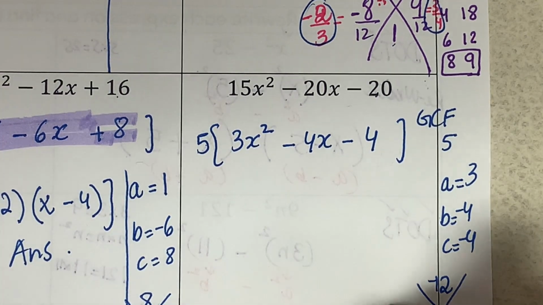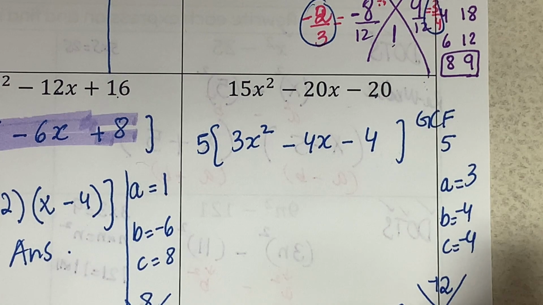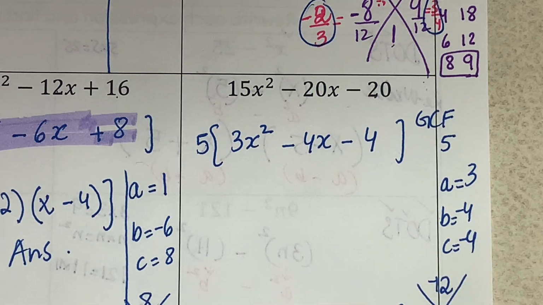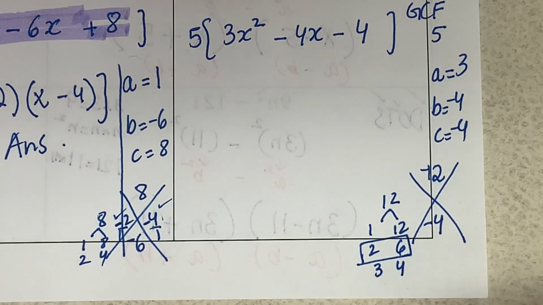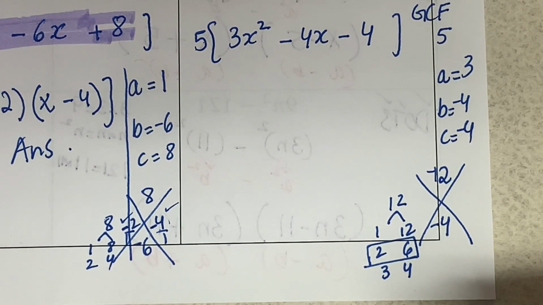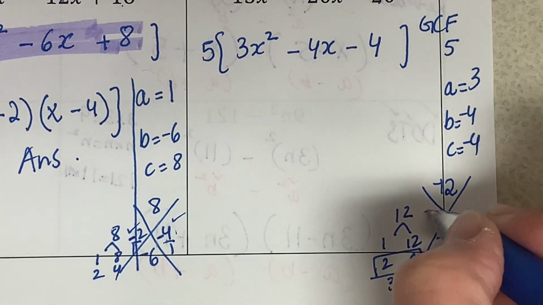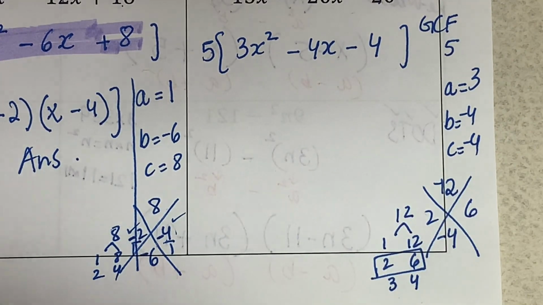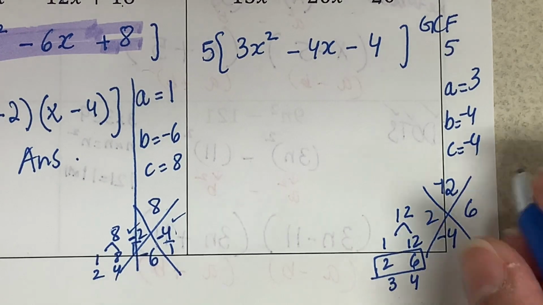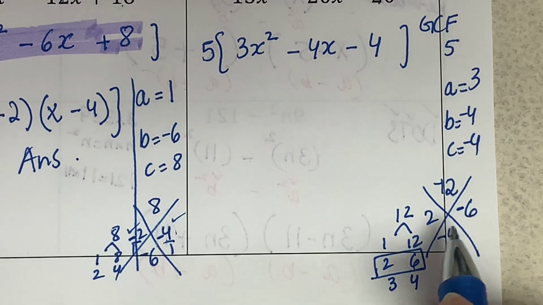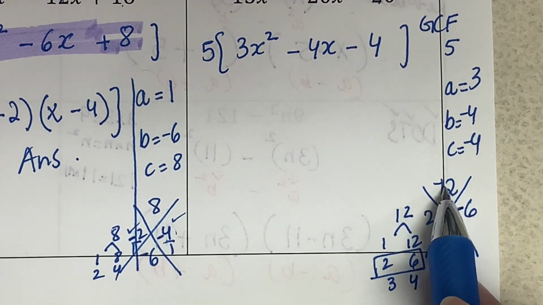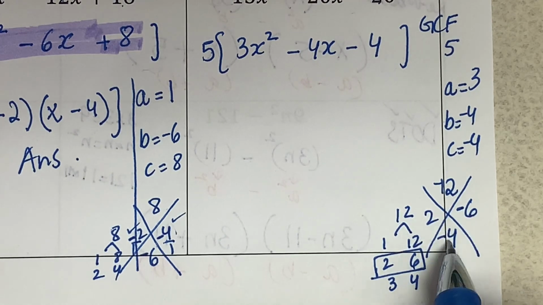And let's find the factors. 1 times 12, 2 times 6, 3 times 4. Looks like 2 and 6 will work. I need minus on the top and minus on the bottom, so the bigger number should be minus, because 2 times -6 is -12 and 2 minus 6 is -4.